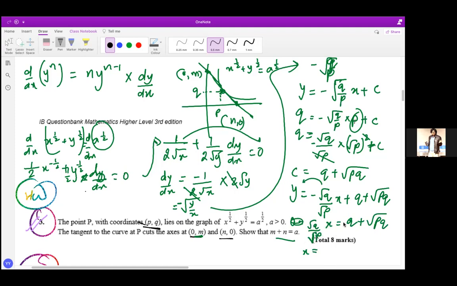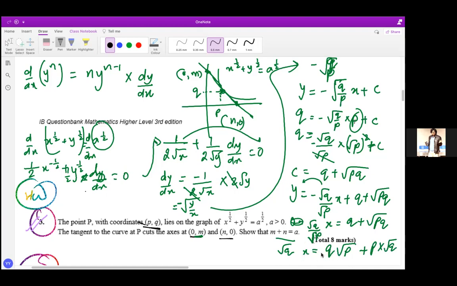you first multiply here, so root q times x equals q times root p, and root p times root p is going to become p, and here root q is left out, and then you divide by root q.